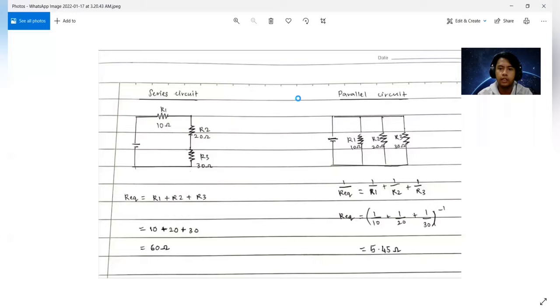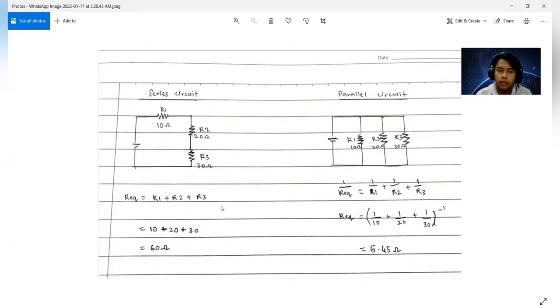So this is my calculation, an example. But firstly, I will explain the formula. For the series circuit, the formula is R equivalent equals R1 plus R2 plus R3. The parallel circuit is different: the formula is 1 over R equivalent equals 1 over R1 plus 1 over R2 plus 1 over R3.